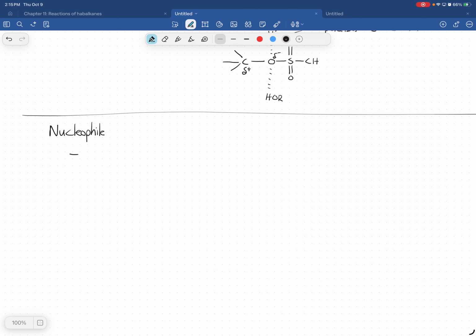So I want to mention here, the nucleophile does not have any effect on the rate of an SN1 reaction. However, there's a caveat we must pivot off of.